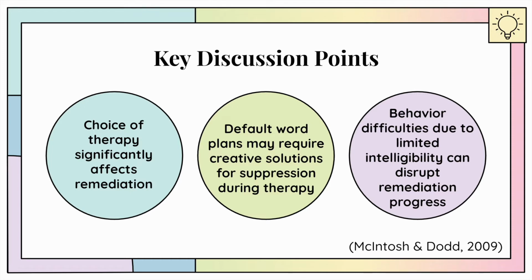Second, children with ISD who use default word plans might need creative solutions to disrupt this pattern and rearrange their word production to reach best production during therapy. So Ben is a great example of a child who has these standard word plans. He had a very pervasive default word plan and preferred word shape that were just not being suppressed during initial therapy sessions.